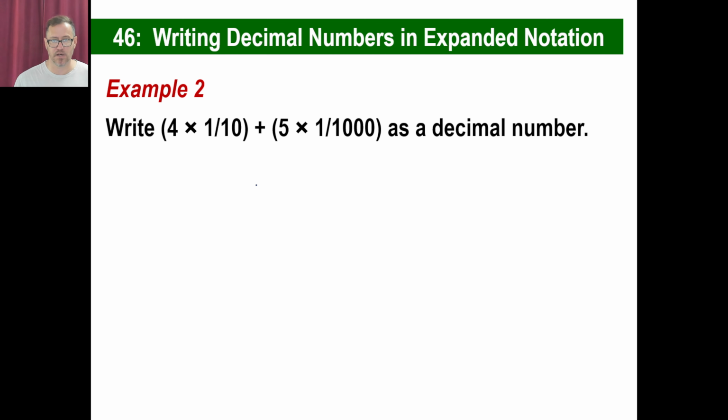So I'm just going to write myself a decimal. Now, I know I have a tenth in there, and the hundredth, I don't see anything, but I know I have a thousandth, and that's as big as it, okay, I'll just stop right there. Okay, well, write 4 times 1/10. Well, this is where the tenths go, right? 5 times 1,000th, that's where the thousandths go right there. Well, I don't see any hundredths, and then there you go. That's all. You're just going backwards. All there is to it.